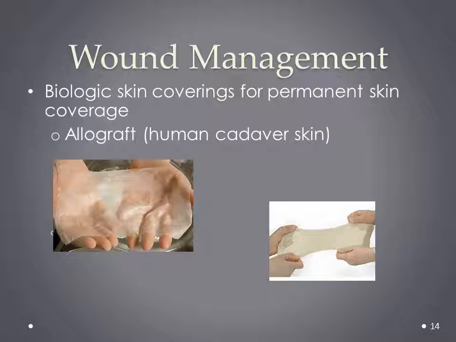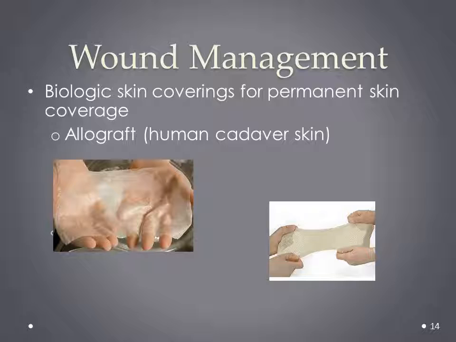First we're going to talk about allograft, which is human cadaver skin. People can donate their skin at the time of death, and we can use it to accomplish the closure of a large wound if the patient doesn't have enough of their own skin to cover the wound.